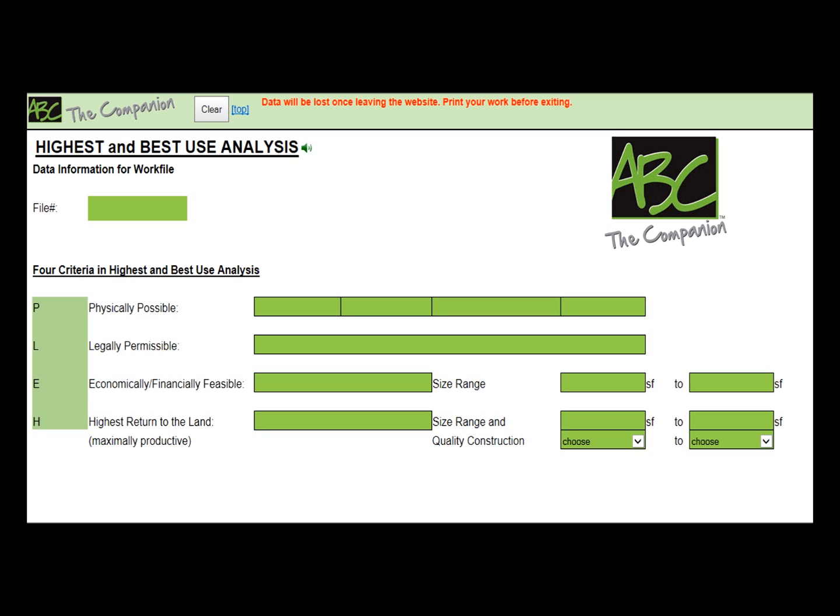And then the next section would be the size and range. If we've got, say, a development where the majority of houses are being built between a minimum of 1,200 square feet all the way up to 4,000 square feet, would it be financially feasible? Would it be smart for a builder to go in and build a property that's 600 square feet? Well, no, he would never sell it.